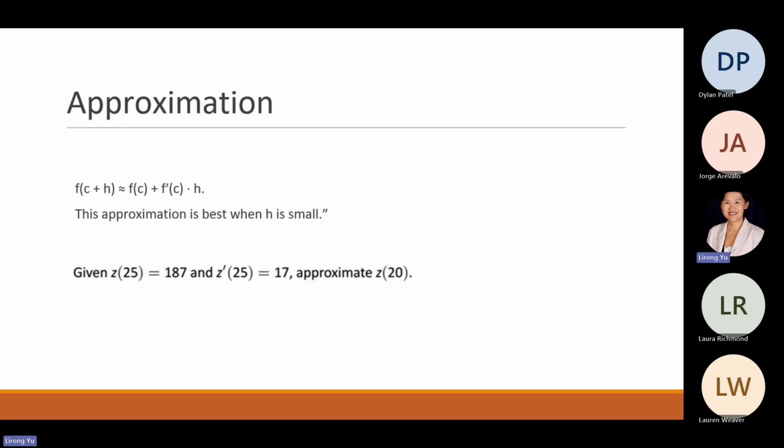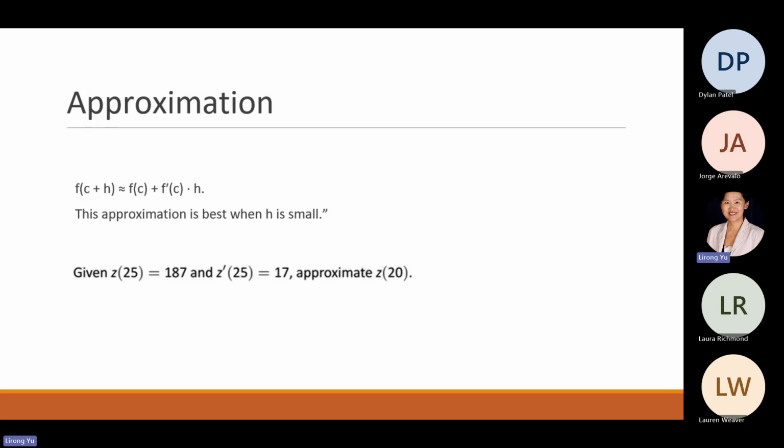The derivative is called rate of change. So using that rate of change, you multiply by the independent variable's change, which then gives you the dependent variable change. So the part that says f prime times h is the calculation of the change. The part that says f of c, that's the original number. So from the original number to the new number, this is the change. If you add this change to the original number, you find the new function value.